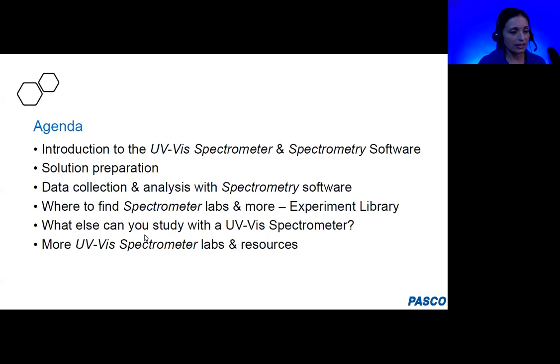And also, then I'm going to switch over to Roger, and Roger will discuss a little bit more about what you can do with the UV-Vis spectrometer, going a little more into the theory behind the chemistry and physics of the phenomena that's occurring in the instrument while you're performing these experiments, and more help and resources.